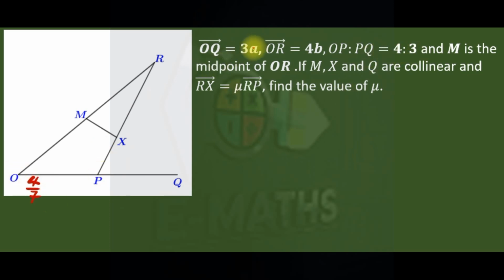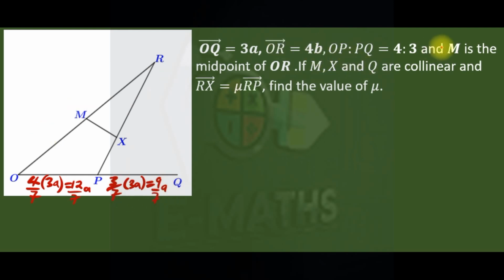So 4/7 of 3a, which is 12/7 a. PQ is 3/7 of 3a, which is 9/7 a.